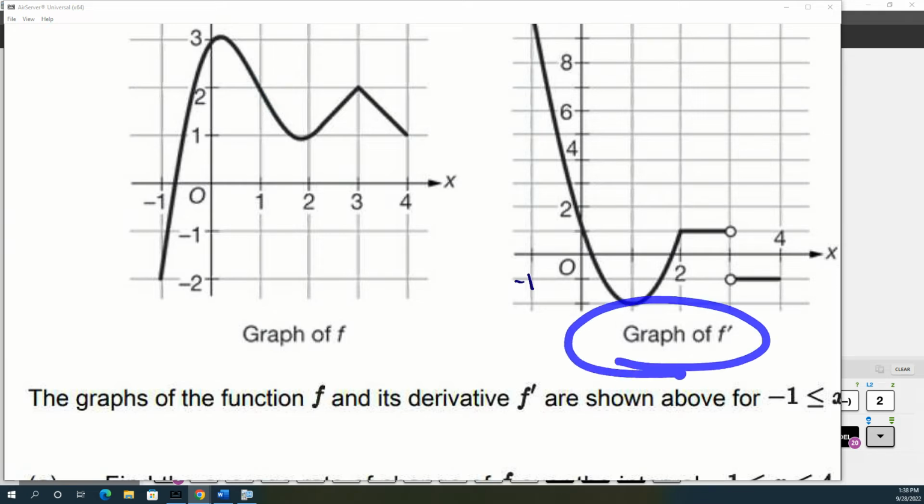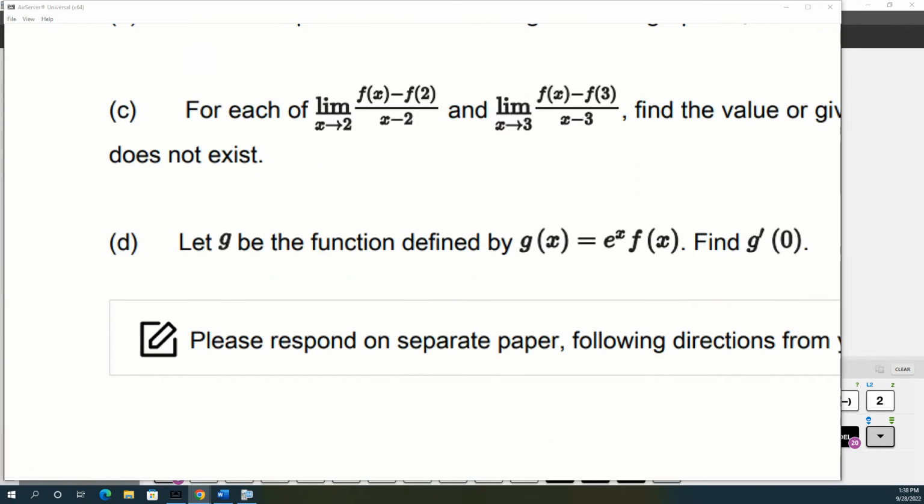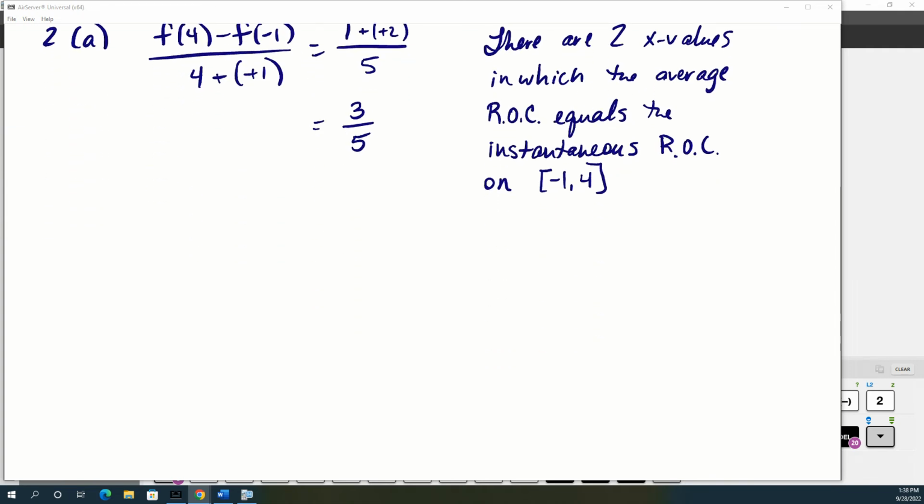But this is the graph of the slopes. So I erased average or instantaneous rate of change. You can leave that, but it's also the graph of the slopes. So when x is 1, this graph is down here at -2. So that means the slope when x is 1 is -2. That's the same thing as m.